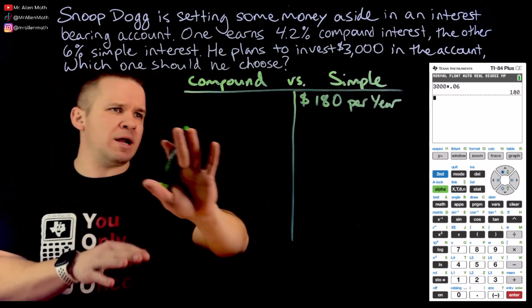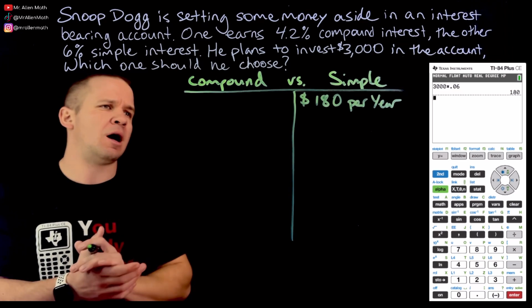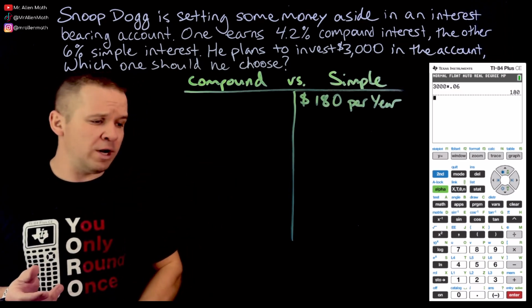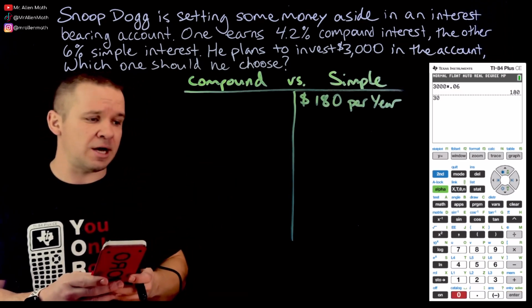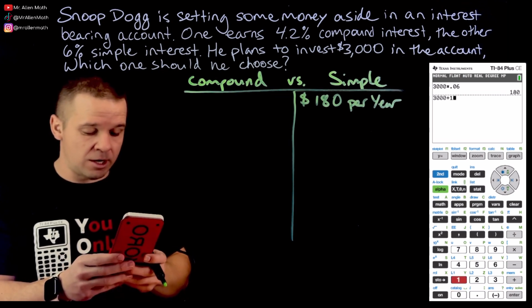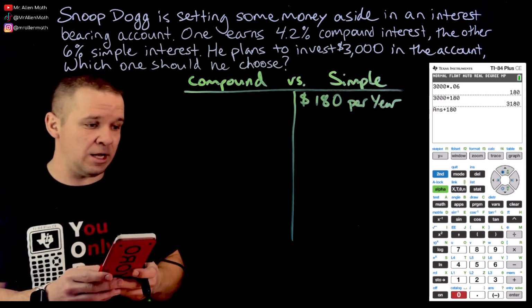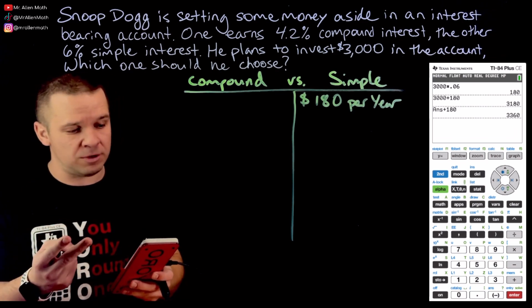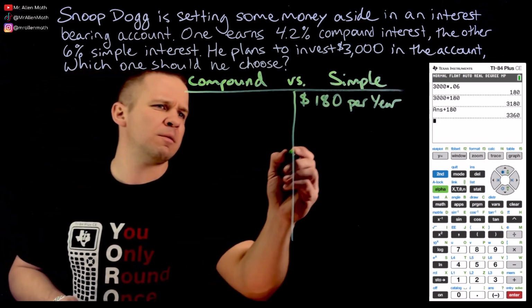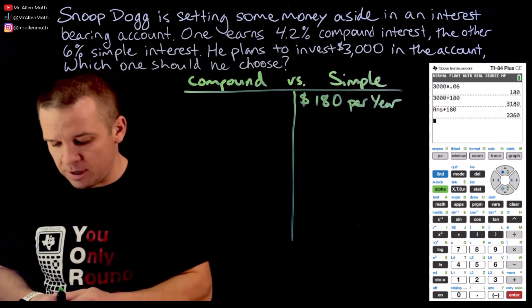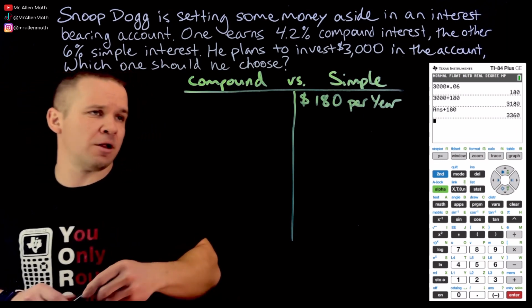All right. Well, let's see if we can write up maybe a little equation that we could work with, because we'd have $3,000 in there in the first year, plus 180 bucks would give me 3,180, plus another 180 in year two would give me 3,360. Let's maybe make a T-chart within our T-chart, shall we? I think so. All right, let me get another color here.